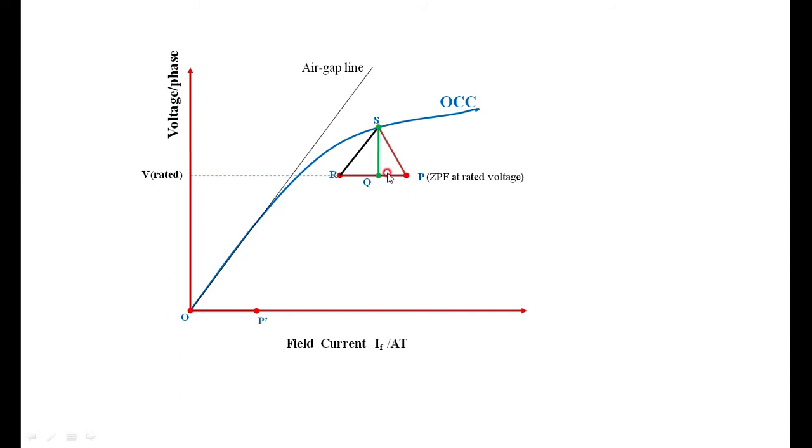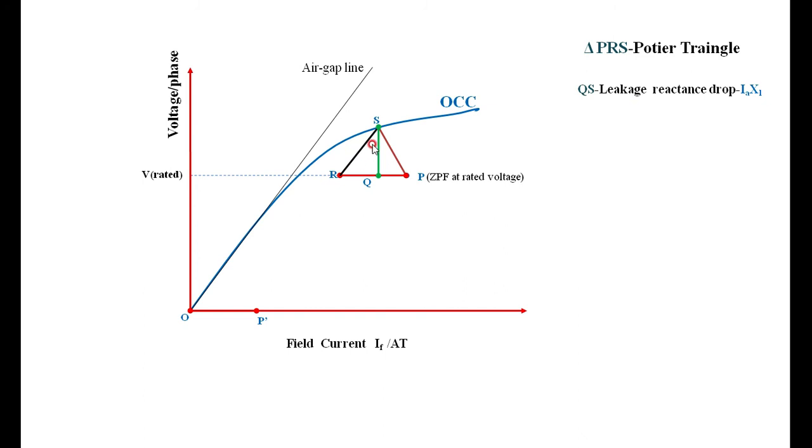You measure QP and convert it to the current scale, and you measure SQ with the scale and convert it to the voltage scale. So this triangle PRS is called the Potier triangle.